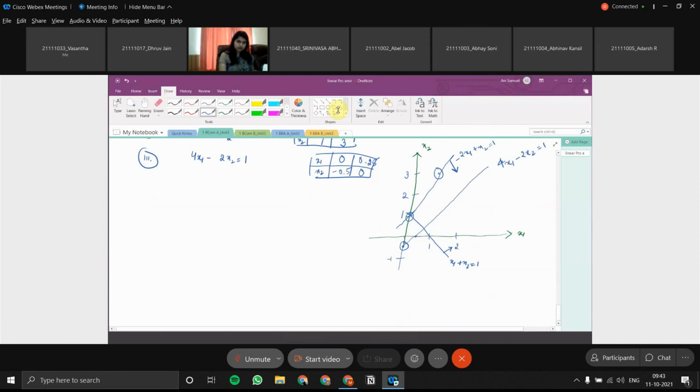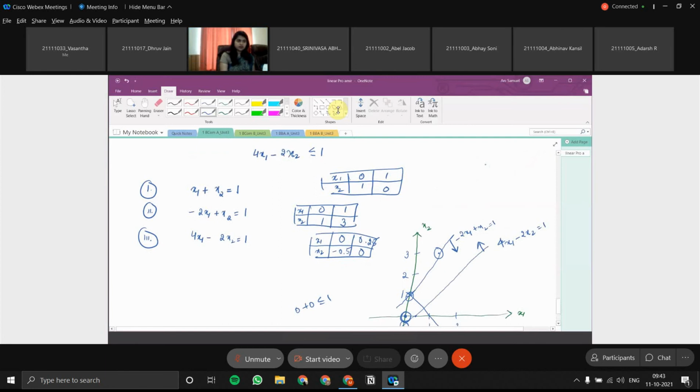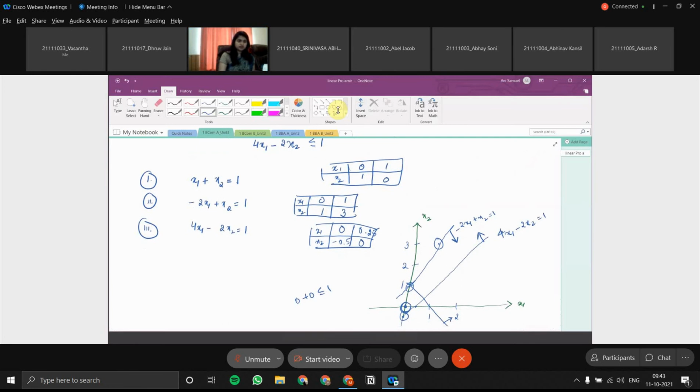This is my origin, and it satisfies the condition that 0 plus 0 is less than or equal to 1. So it is showing me the above region. Clear, everyone? Is it clear? So the region that I am getting is from here, starting from here.